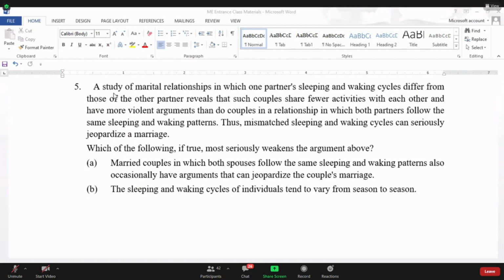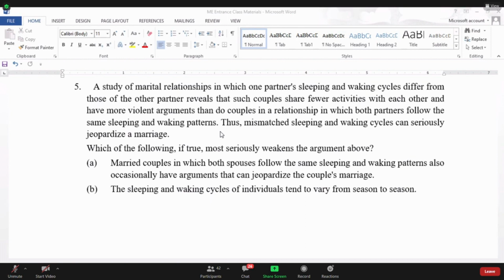A study of marital relationships in which one partner's sleeping and waking cycles differ from those of the other partner reveals that such couples share fewer activities with each other and have more violent arguments than do couples in a relationship in which both partners follow the same sleeping and waking patterns.